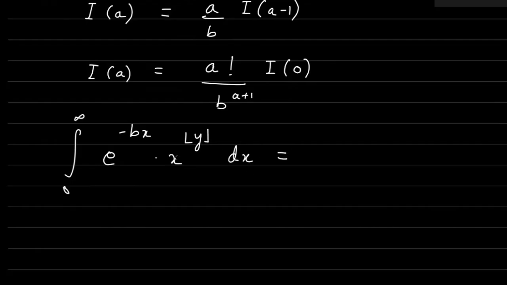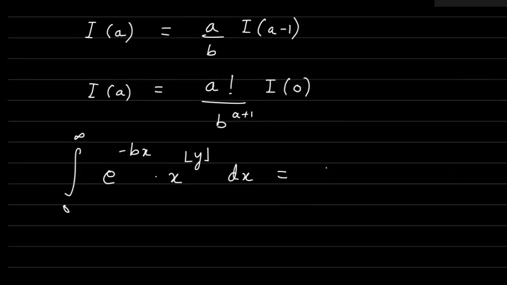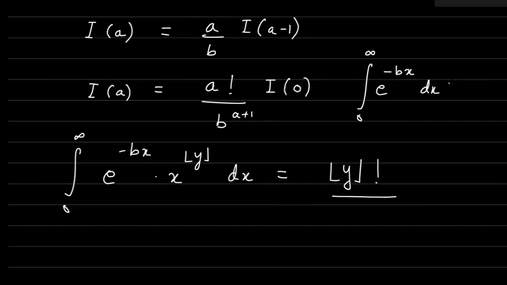So what will this turn out to be? This will turn out to be floor y factorial, and I of 0. I of 0 is basically x to the power 0, so it is just the integration of e to the power minus bx dx.